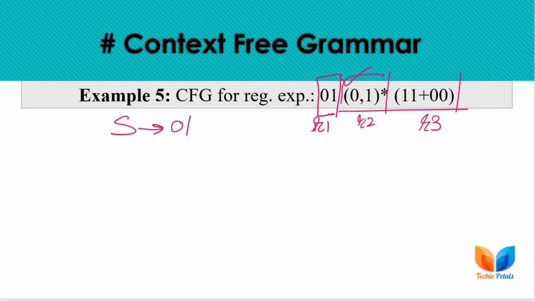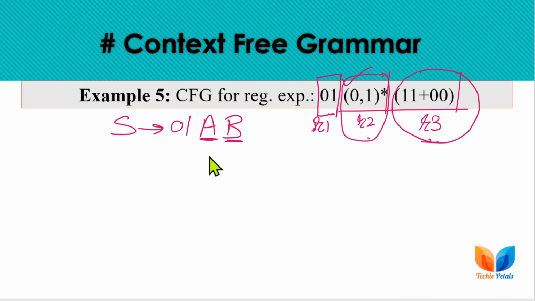Now we dedicate one non-terminal for the second expression and a second non-terminal for the third expression, A and B. As R2 and R3 are in concatenation, we also add these non-terminals to the concatenation from the start symbol. So from the start symbol we directly derive 0 1, followed by A for this expression and followed by B for the next expression.